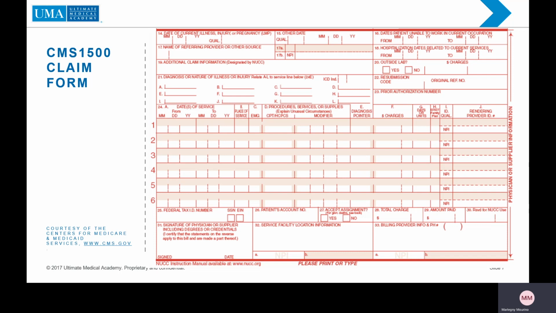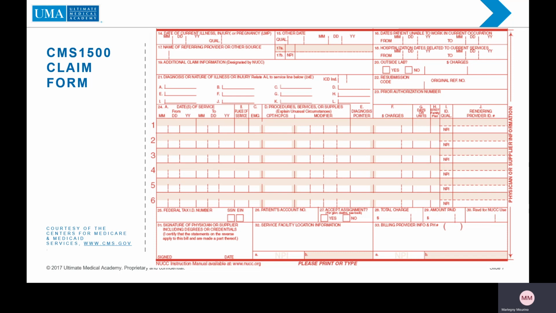For 17, we have 17A also, which is the ID number of the referring physician. So here, if this applies, you're going to enter the ID number and a 2-character qualifier. For 17B, this is where you would enter the NPI number of that referring physician if applicable.